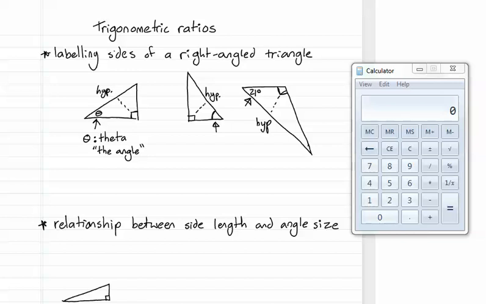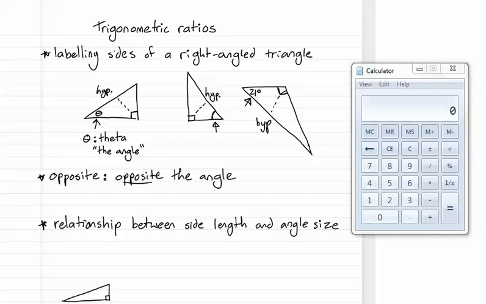Now the two short sides of a triangle, the first one is called the opposite, and it's opposite the angle that's marked. So not opposite the right angle, that's the hypotenuse.